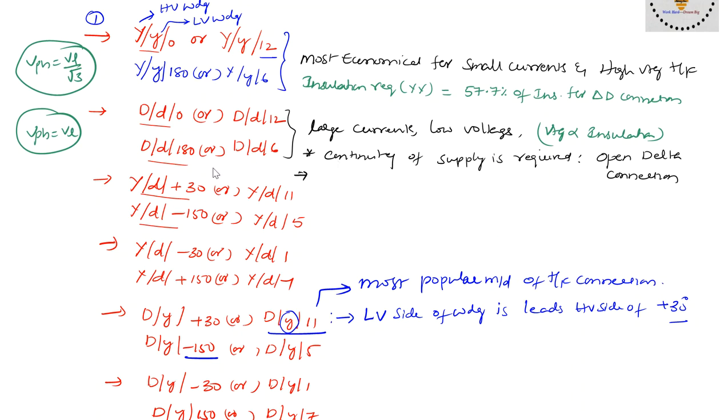Now the next one, similarly, is the cross section area. What is the advantage of delta connected winding?